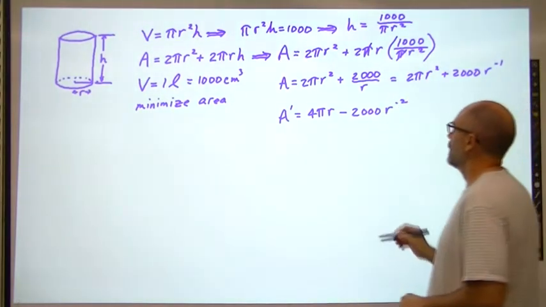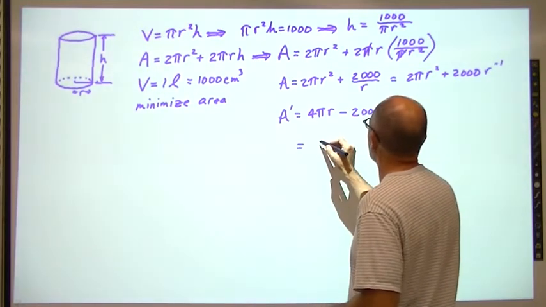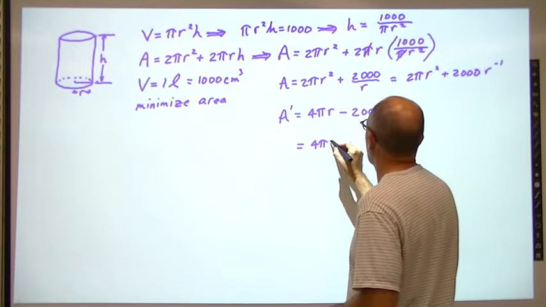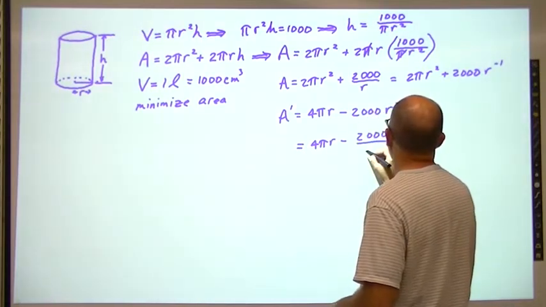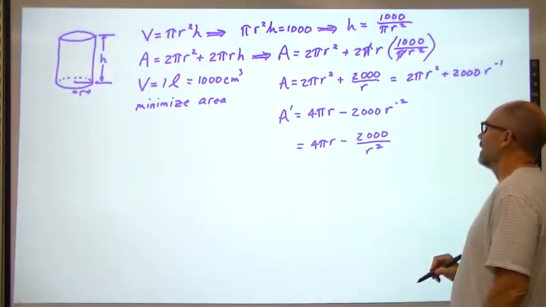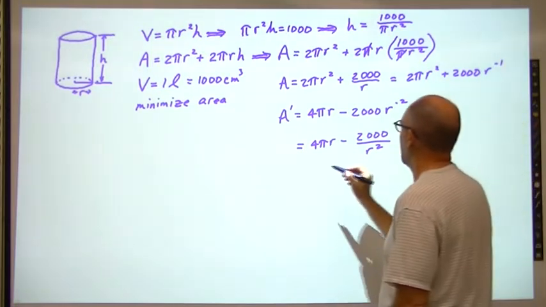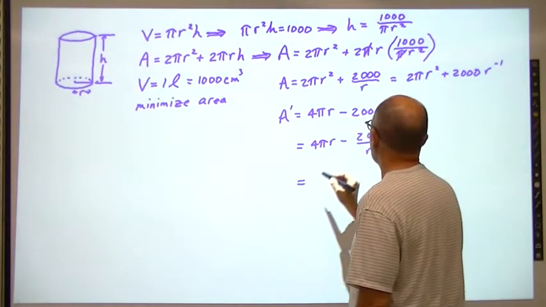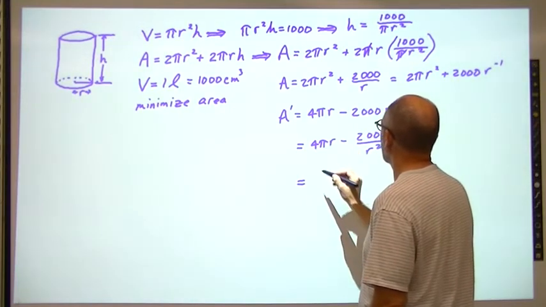Now, we want to set this equal to 0. So we need to clean this up. So it's going to be 4 pi r minus 2,000 over r squared. And really, to make this easier, let's get a common denominator here. So we're going to multiply this by r squared.